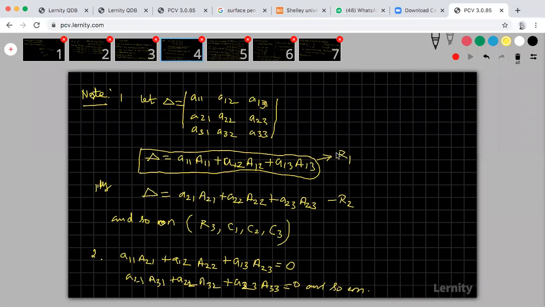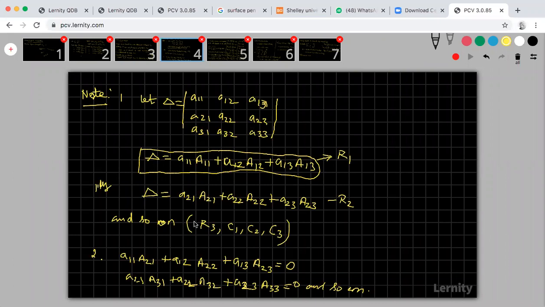Here I am expanding, that means I am using R1. You can use R2 also, and again you will get the same determinant. Suppose I take R2, the elements are A21, A22, A23 with their cofactors. Take their sum. Okay, so that is also delta. Delta means the value of the determinant. Please note it.